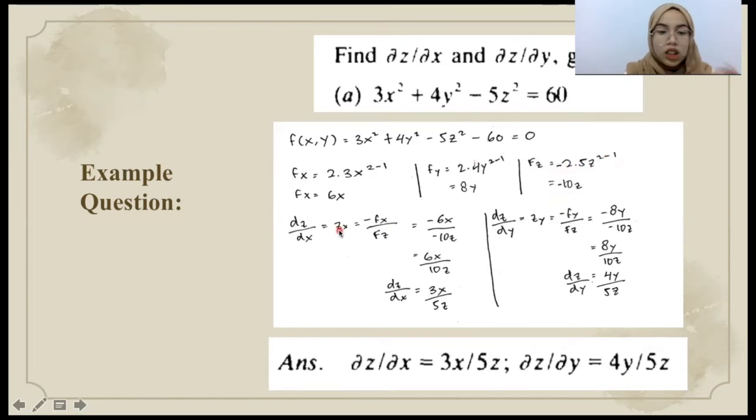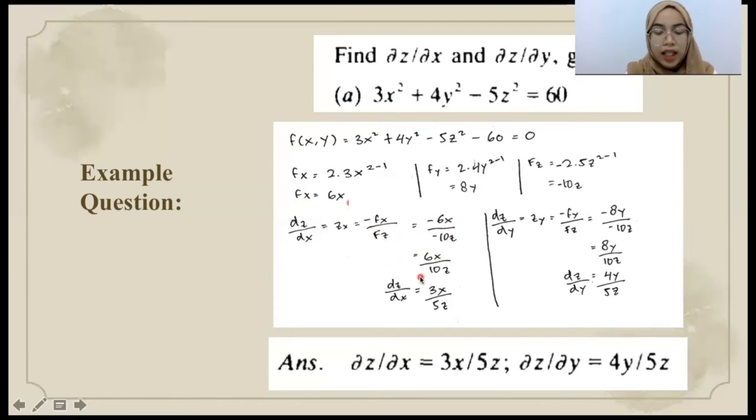After that, we can start to look for the partial z with respect to x and partial z with respect to y. So partial z with respect to x is equal to minus fx divided by fz. So minus fx is minus 6x, because fx is 6x, divided by minus 10z. The result is 6x divided by 10z.